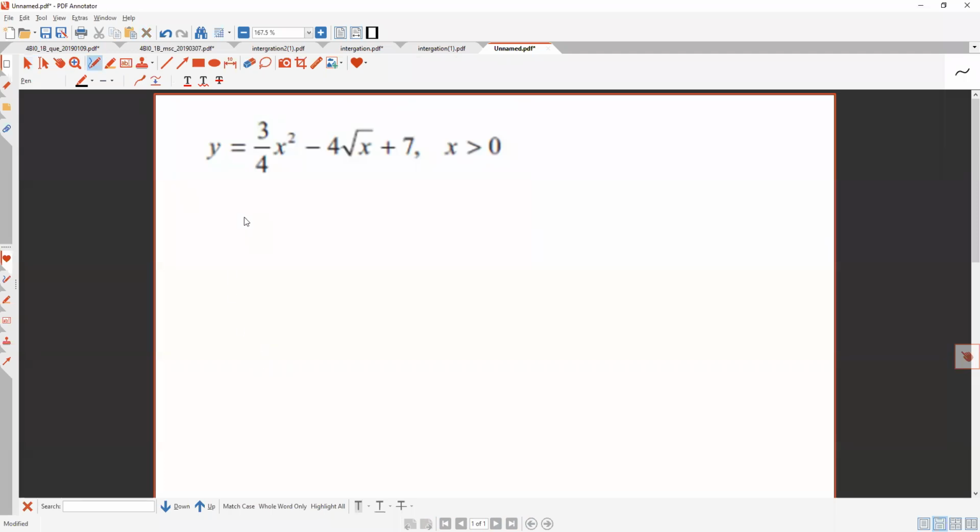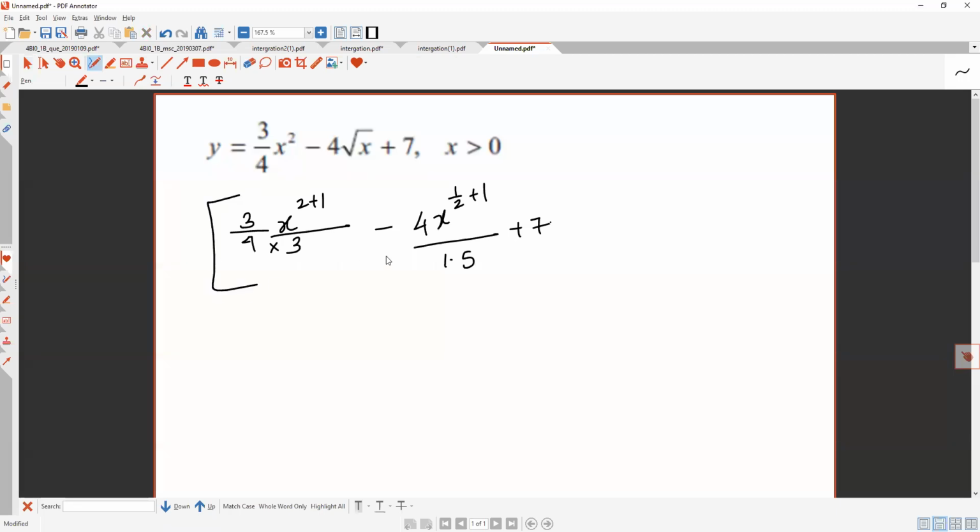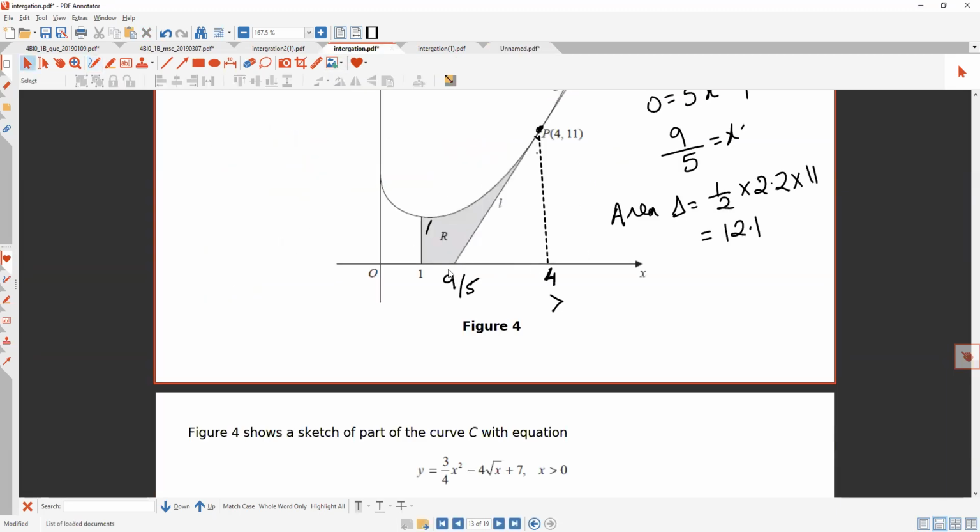If I integrate this, it's going to be 3 by 4 x raised to 2 plus 1 divided by 3, basically, minus 4 x raised to half plus 1 divided by 1.5, plus 7x. The whole thing we are doing from 1 to 4.